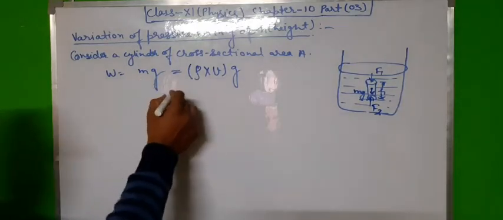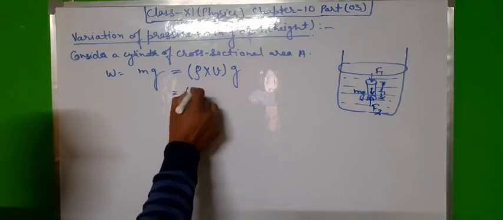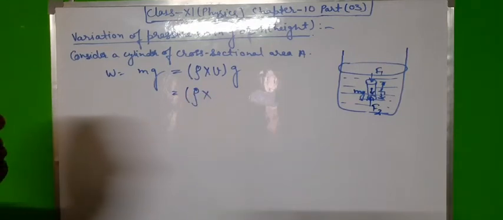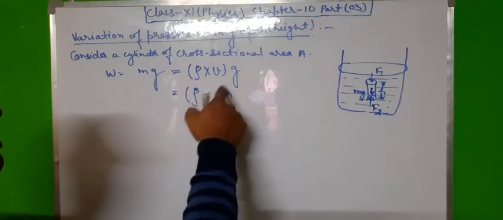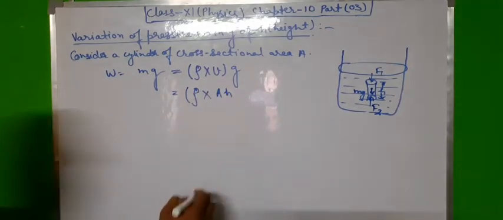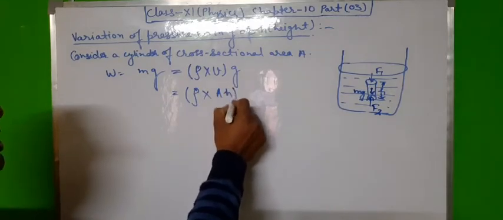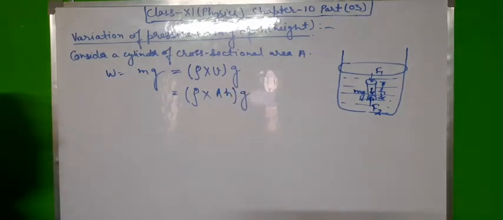Volume is area A that we had considered times height h, so volume can be written as A into h into g. This is the weight of the cylinder.